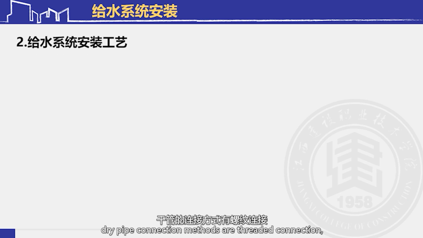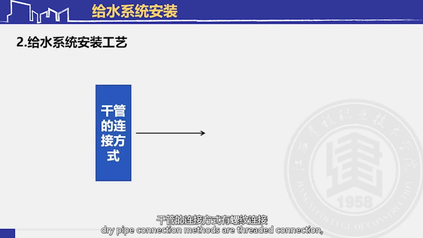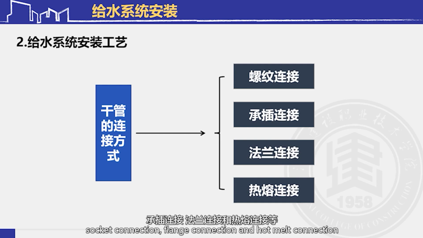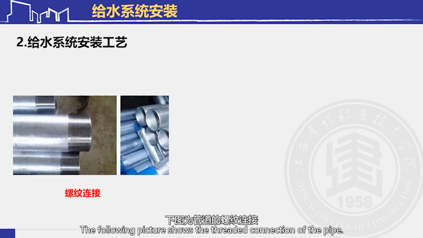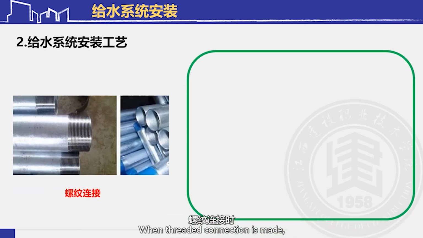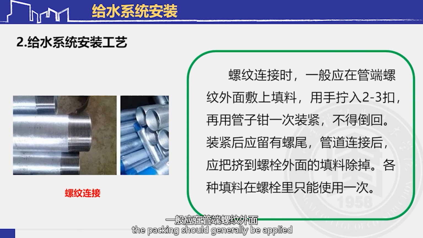Dry pipe connection methods are threaded connection, socket connection, flange connection, and hot melt connection. The following picture shows the threaded connection of the pipe. When threaded connection is made, the packing should generally be applied outside the thread of the pipe end, and 2 to 3 buttons should be screwed in by hand.